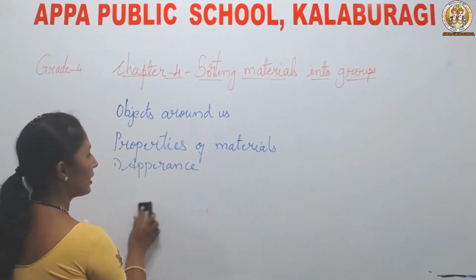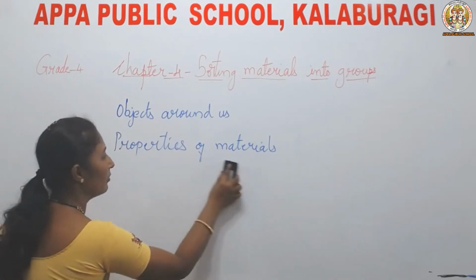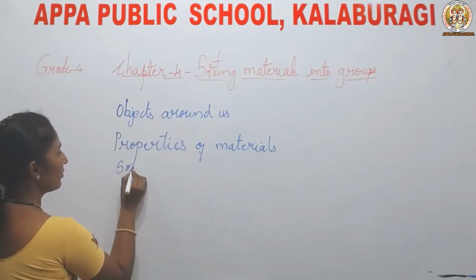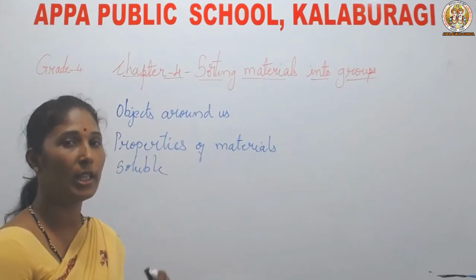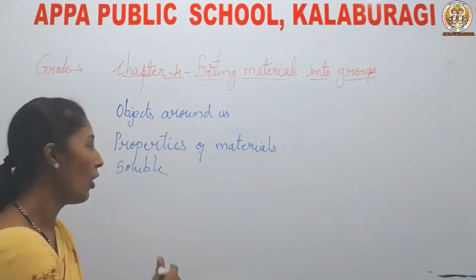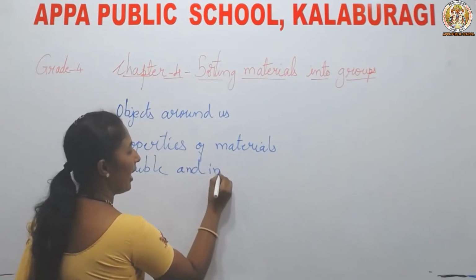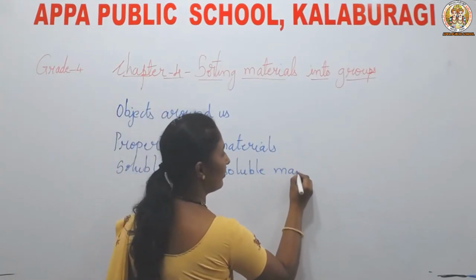We move to the next property, that is soluble and insoluble. Up to float and sink materials we learned in the previous class. In this class, we learn the next property, soluble and insoluble materials.